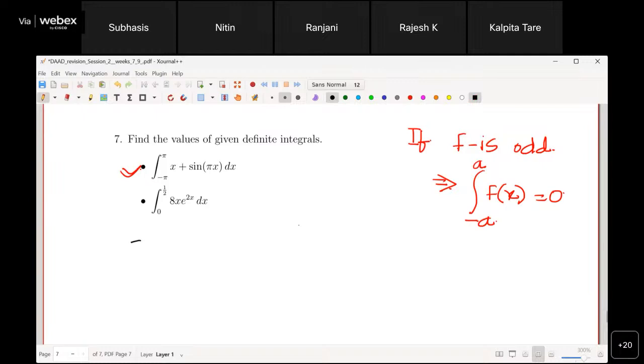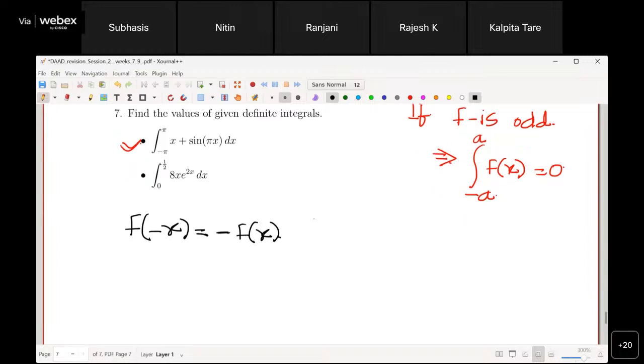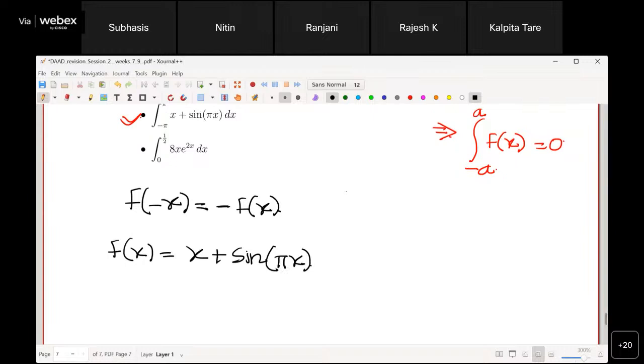F of minus x should be minus f of x. So here, what is f? My f of x is x plus sine pi x, right? So if I write f of minus x, it's nothing but minus x plus sine of minus pi x, right?